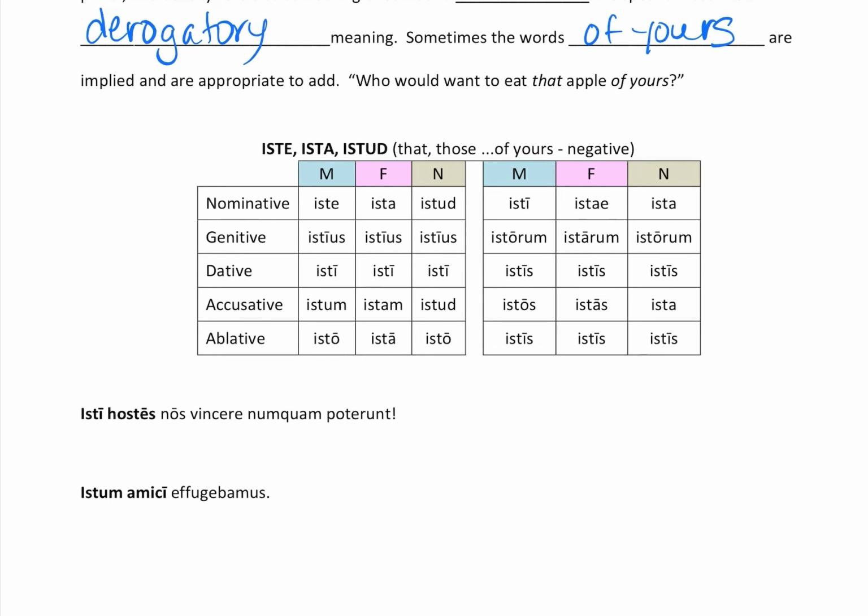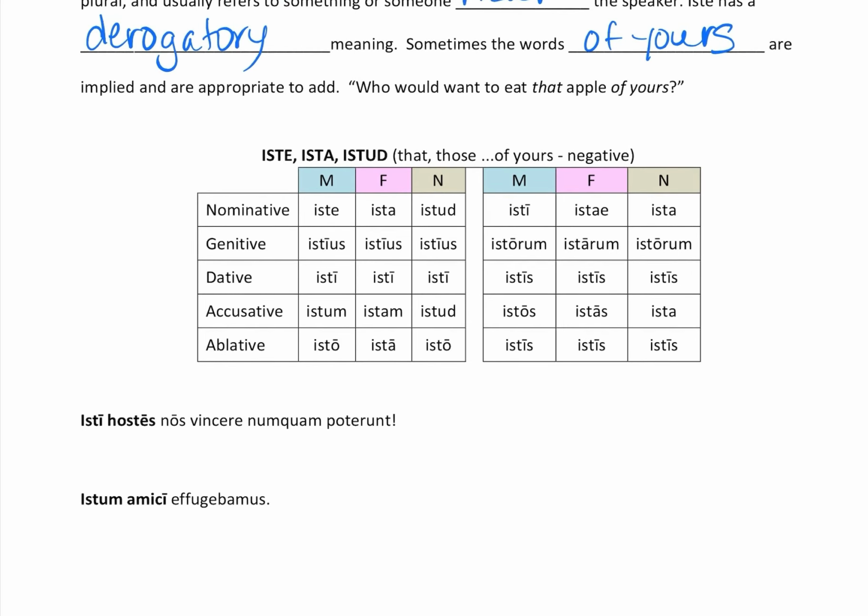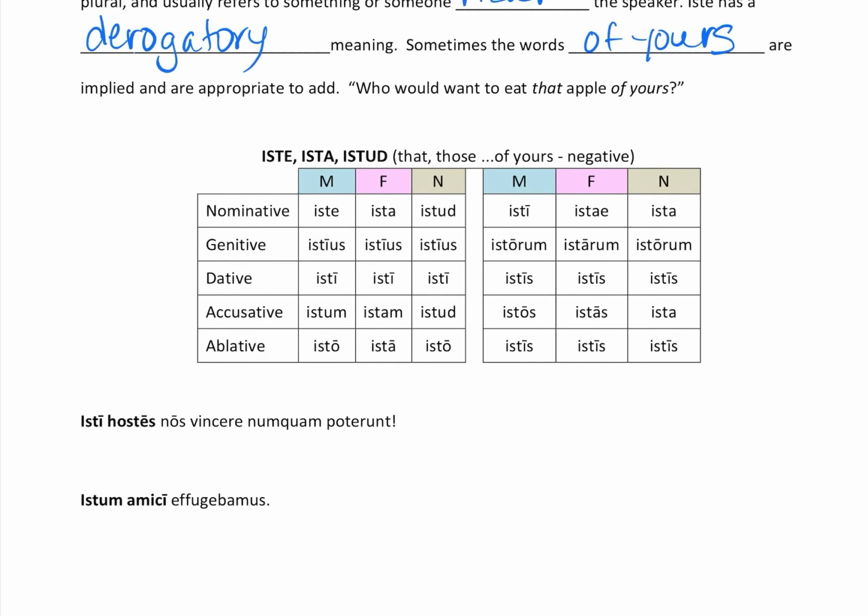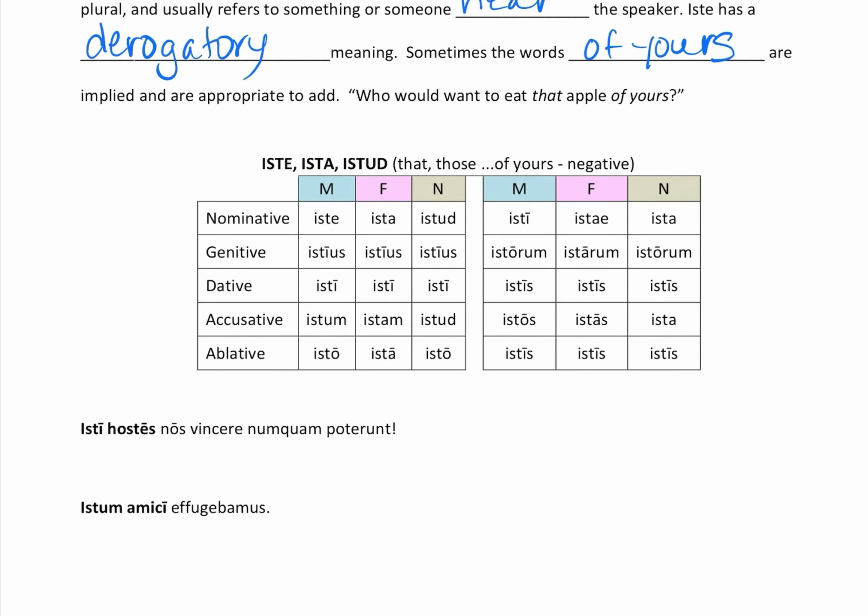So, iste hostes nos vincere numquam poterunt. Iste. So here we have iste. So where are we going to find it? Right here. And hostes. So that tells us that they're both nominative.